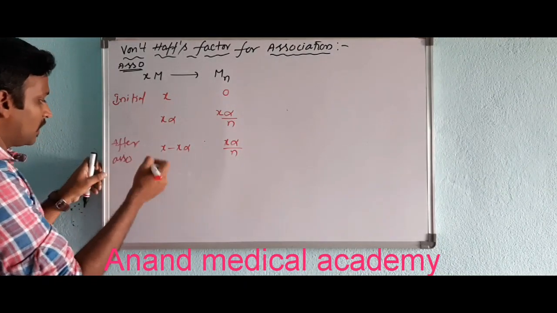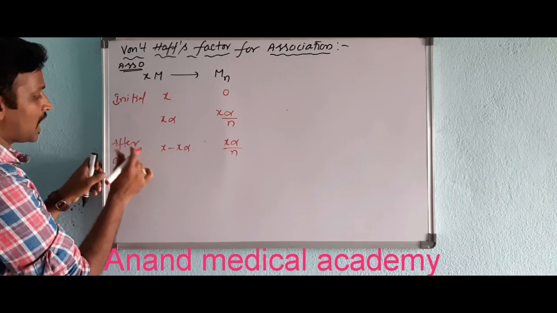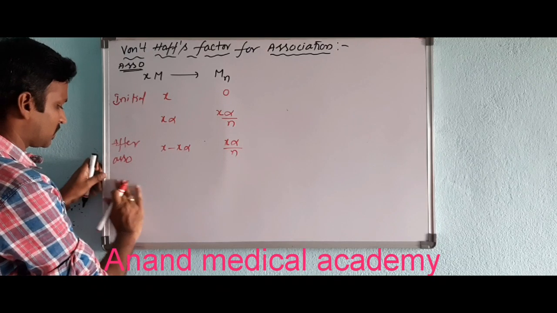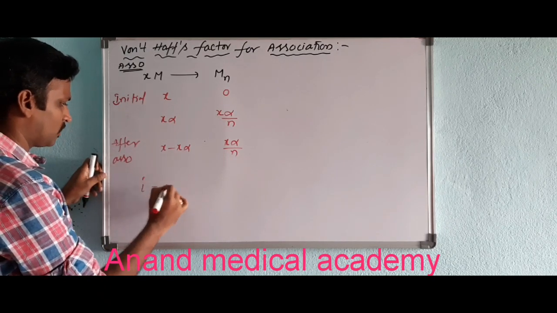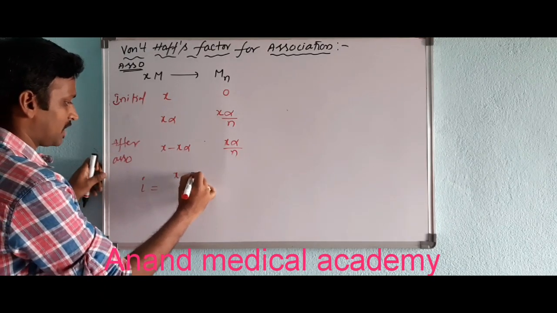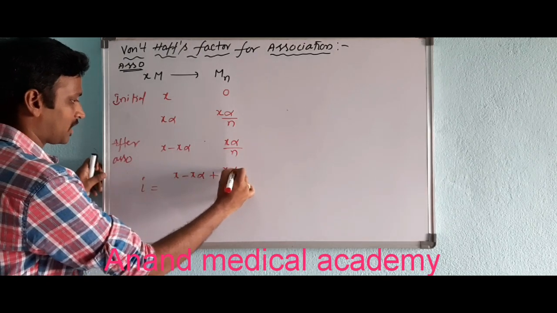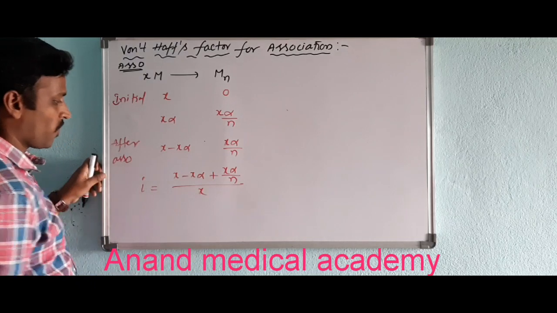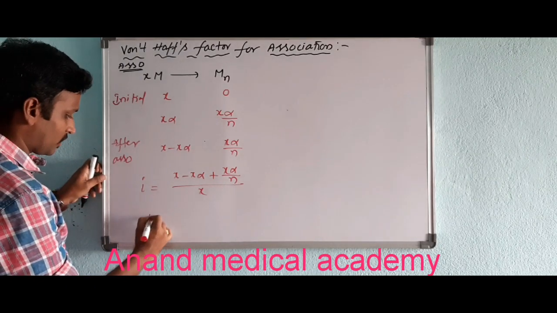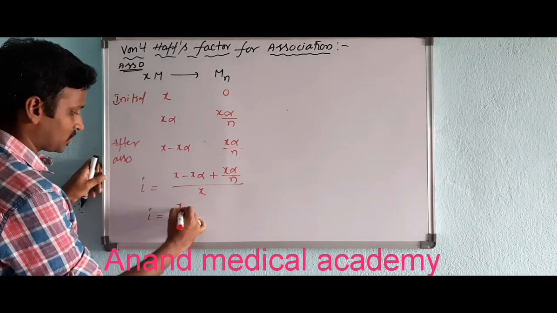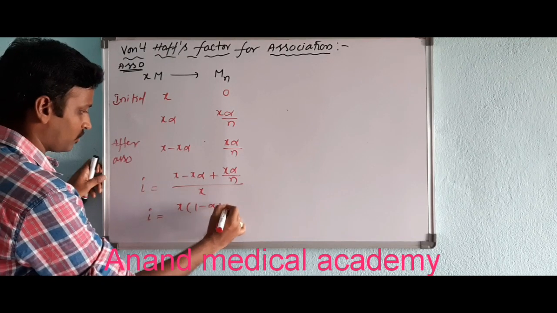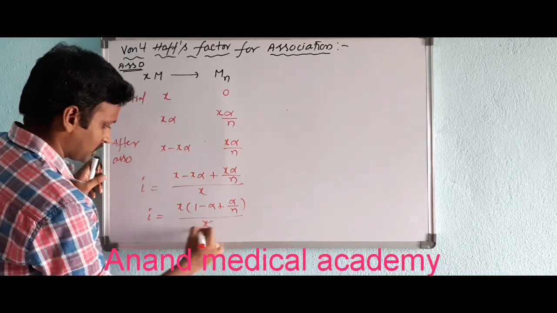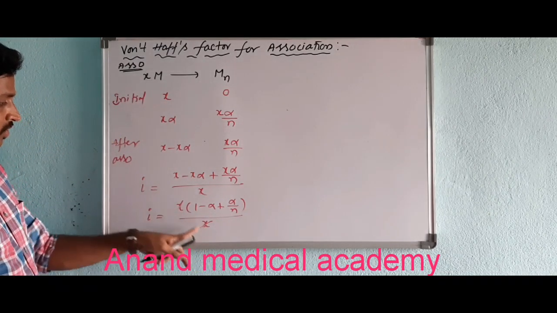So what is the number of moles after association? Here, the total number of moles. Otherwise I will write i directly. i is equal to X minus X alpha plus X alpha by n, divided by X. So what exactly can you write? i is equal to X, you take common, 1 minus alpha plus alpha by n, divided by X. That's why I said if you take 1 also it is not a problem.